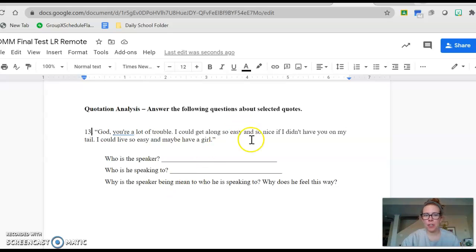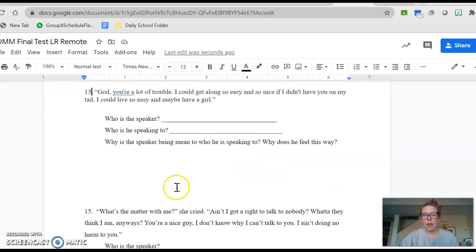Okay, so here's the first quote. God, you're a lot of trouble. I could get along so easy and so nice if I didn't have you on my tail. I could live so easy and maybe have a girl. So who said that? And who is he talking to? And then why is the speaker being so mean to who he's talking to? Why does he feel this way?